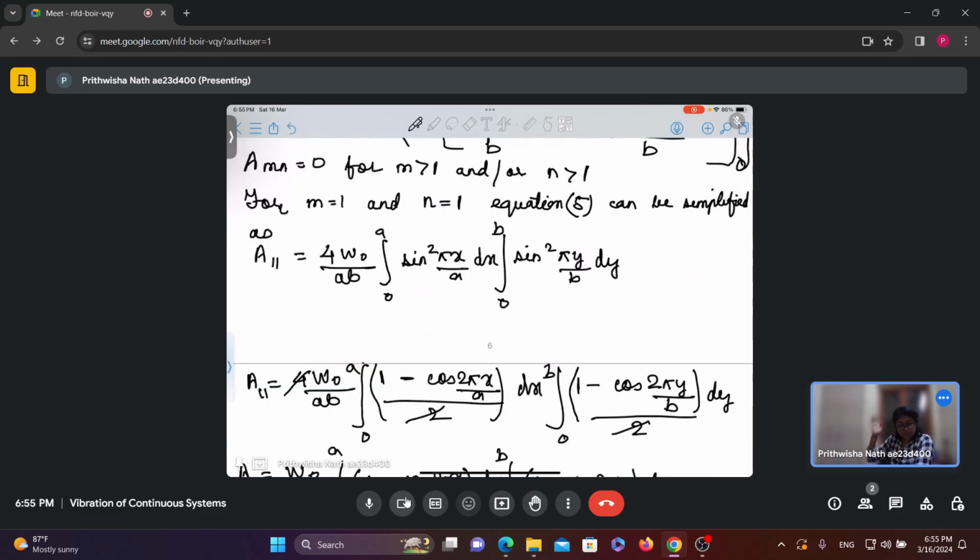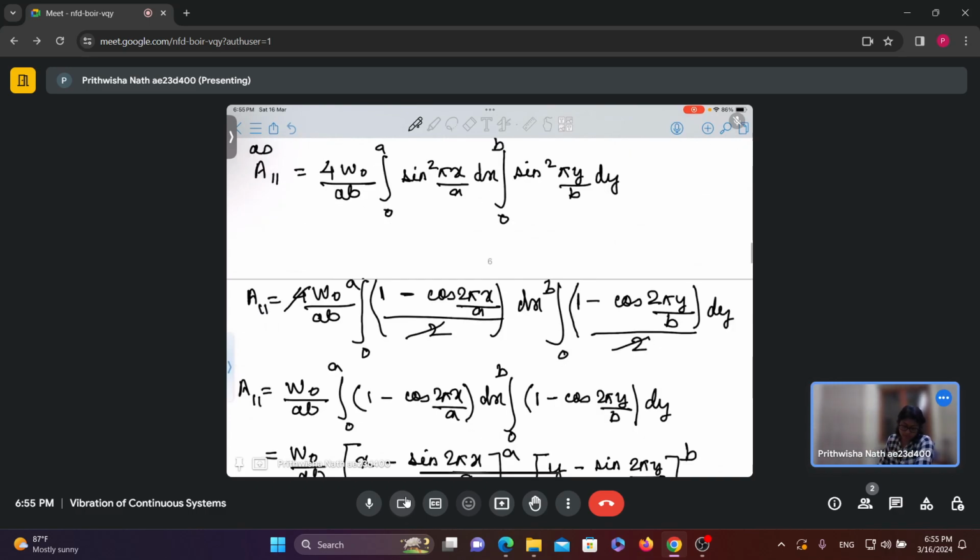Therefore, we perform the integration for a11. Now we write sine square terms in terms of cos. We use that relation 1 minus cos 2 theta.